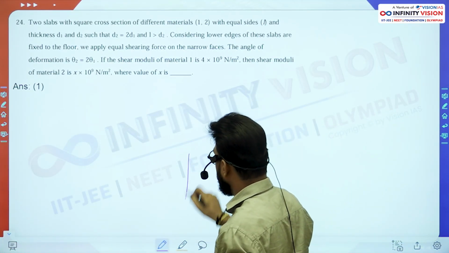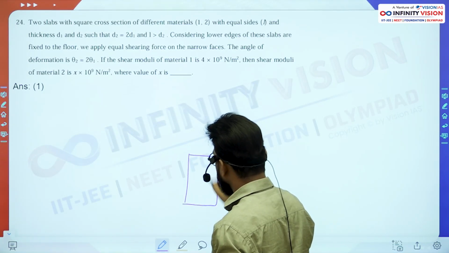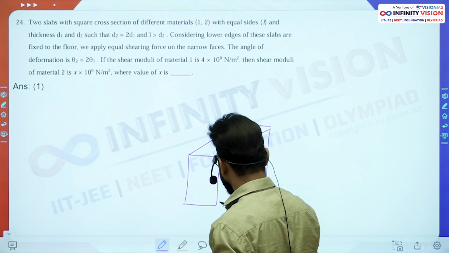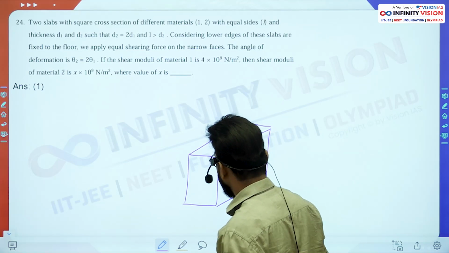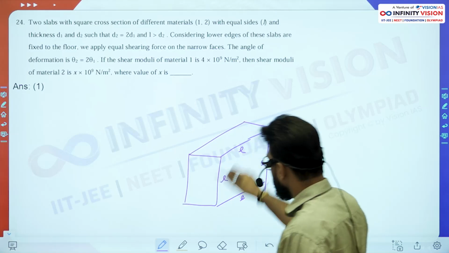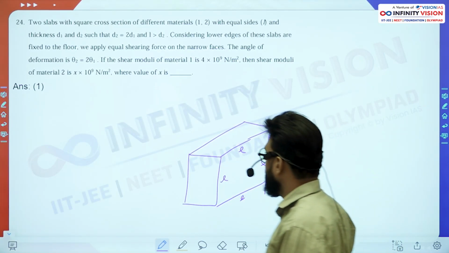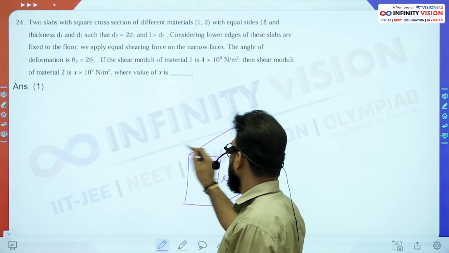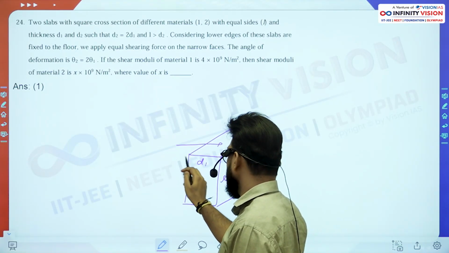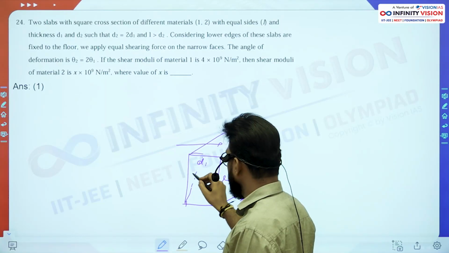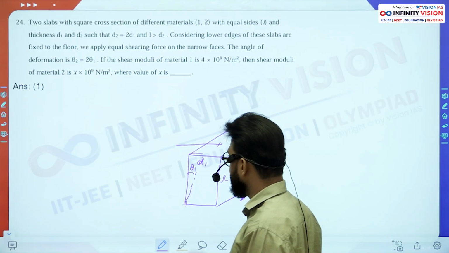So you have been given a square plate just like this. Okay, the length of this square plate is L, and the thickness of first plate is d1, and you are applying a narrow force, so you will get a deformation, and this angle is theta 1.